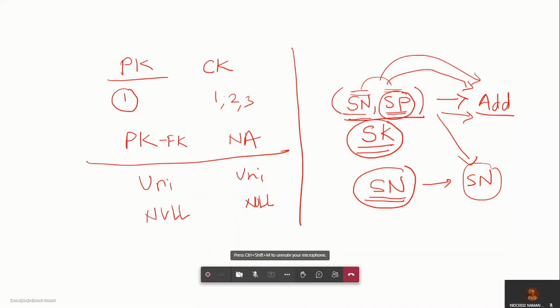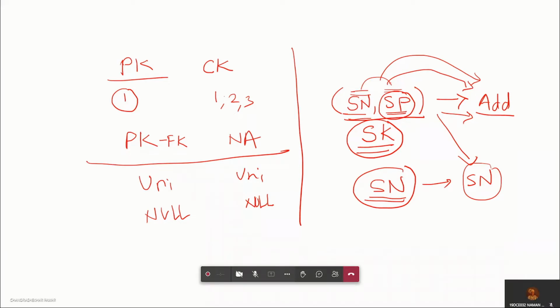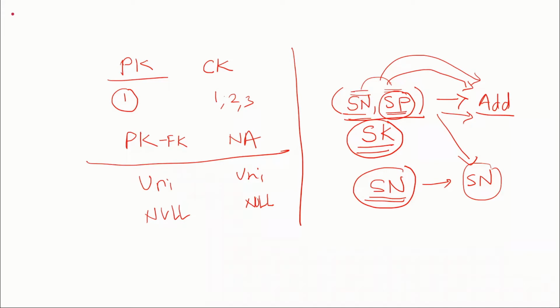Yes, sir. When we consider the super key, it is just a combination of one or more attributes, but it is not exactly like a primary key. It is not necessary that we can use a super key as a primary key, because a super key supports null values.